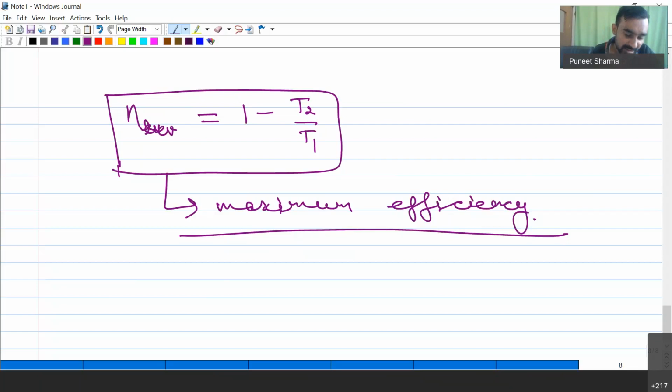So eta reversible equal to 1 minus T2 by T1 is the maximum possible efficiency when our cycle operates in a completely reversible manner between the temperature limits T1 and T2.